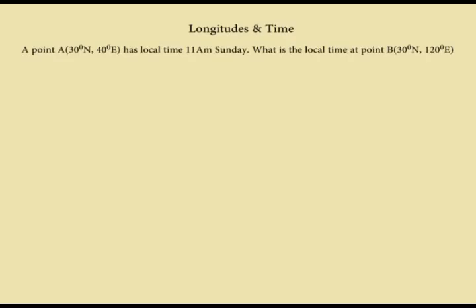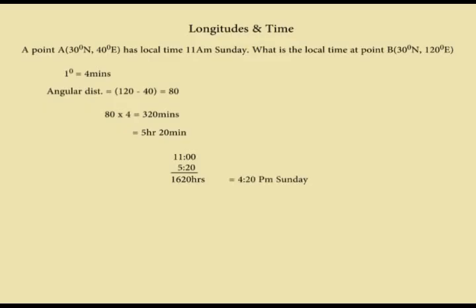Let's see the time difference. 1 degree is equal to 4 minutes, and the angular distance between these 2 points is 120 minus 40, which is 80 degrees. 80 times 4 is 320 minutes, which is equivalent to 5 hours, 20 minutes. Because B is ahead of A, we add this difference. 11 a.m. plus 5 hours 20 minutes will give us 1620 hours or 4:20 p.m. Sunday.